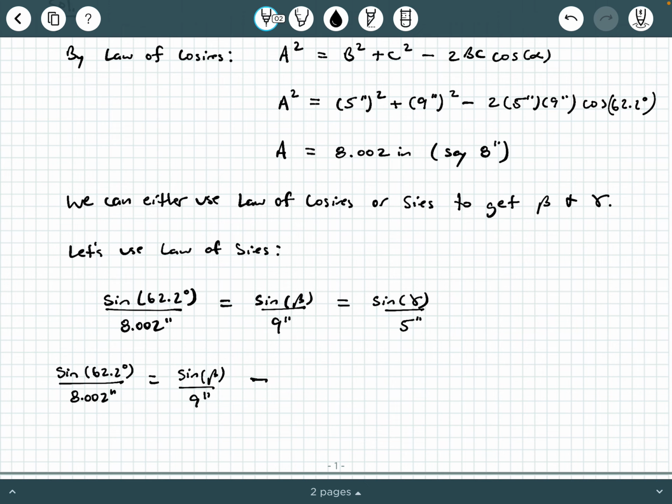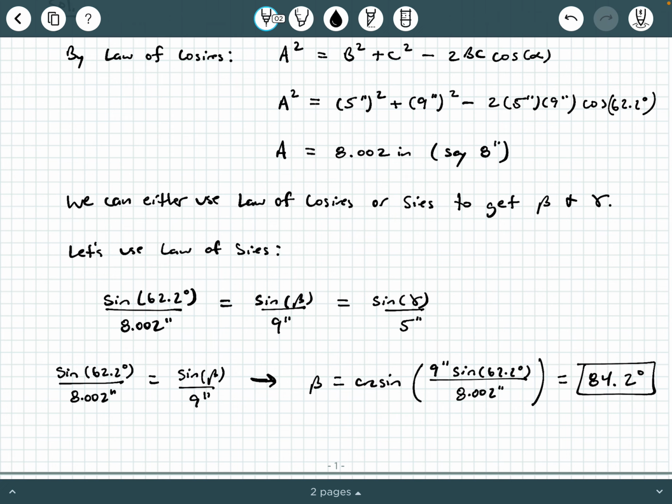And so if I put a little arrow here, beta is going to be equal to the arc sine of 9 inches times sine of 62.2 degrees all over 8.002 inches. So be careful when you punch that in your calculator. You should get an angle of 84.2 degrees for beta, okay?